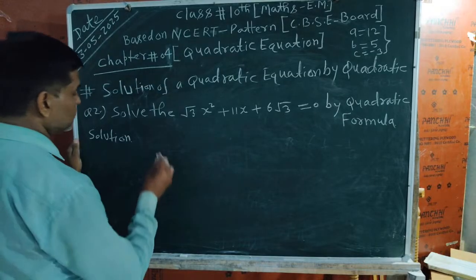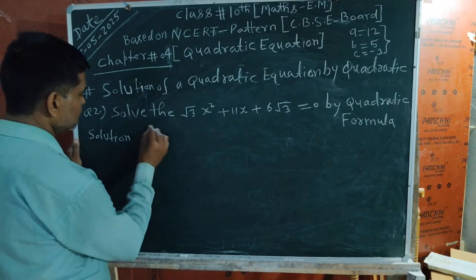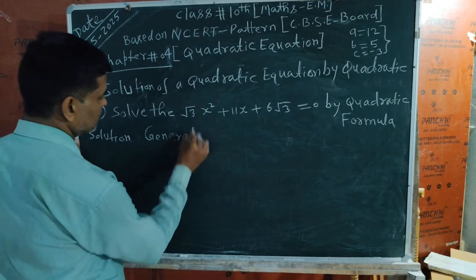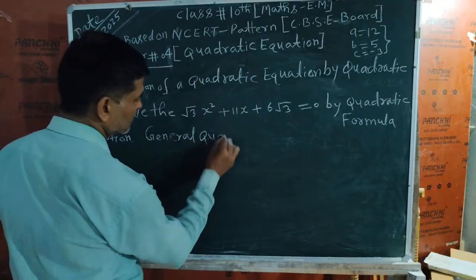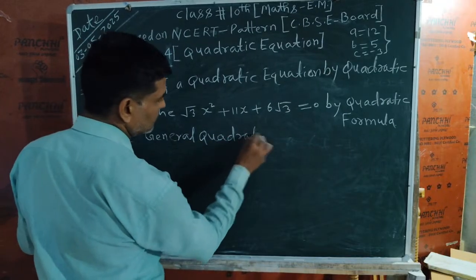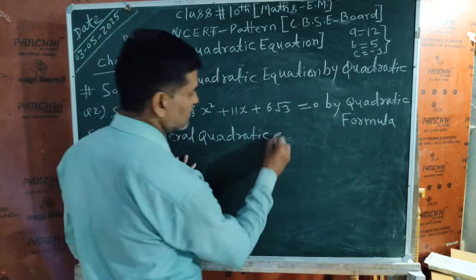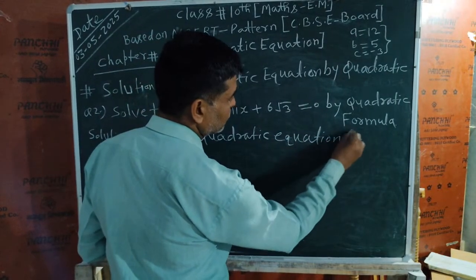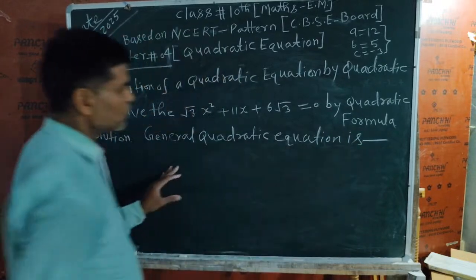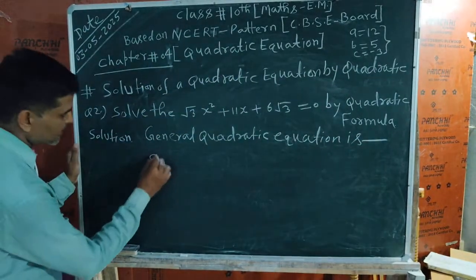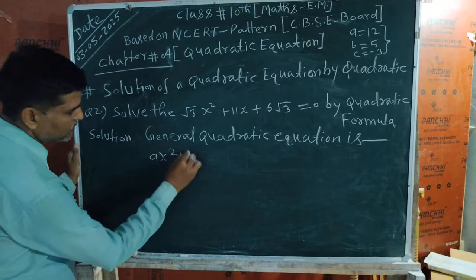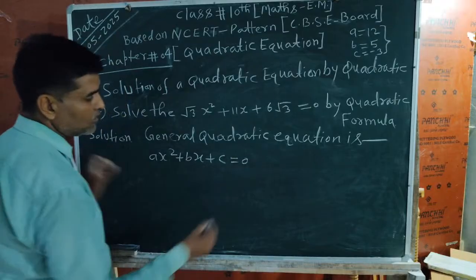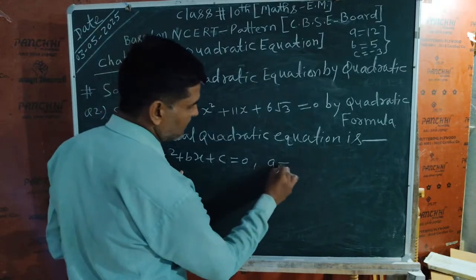Now I will write the general quadratic equation: ax square plus bx plus c, which is equal to 0, but here the condition is that a cannot be 0.